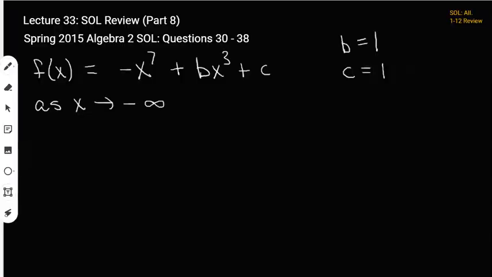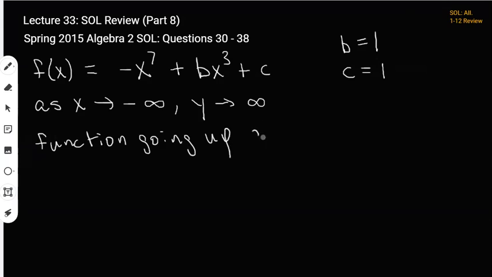So how do we say that? As x approaches negative infinity, y is going to approach positive infinity. So the function is actually going up as you go to the left.